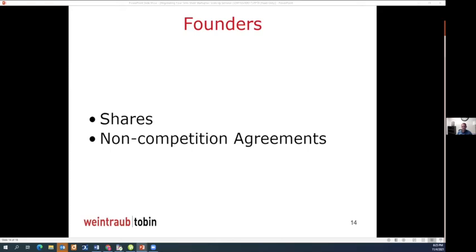It has to be with the ownership of the company. So if the employee doesn't have shares, then they're free to go basically wherever they want, and the non-compete's unenforceable in California. But for the founders, as long as it's set up the right way, tied to that ownership, then they can be bound and required not to compete with the company, again, within certain parameters.